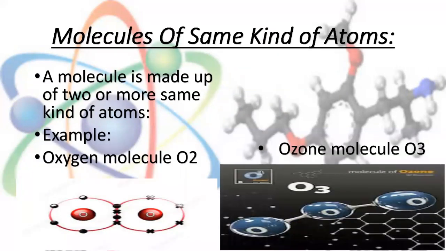Molecules of the same kind of atom. As I told you, what are molecules? A molecule is made up of two or more atoms of the same kind or of different kinds chemically combined together. A molecule may be in the form of elements or in the form of compounds.